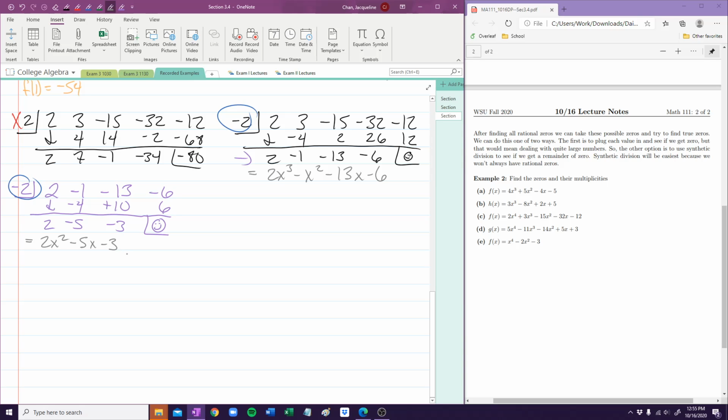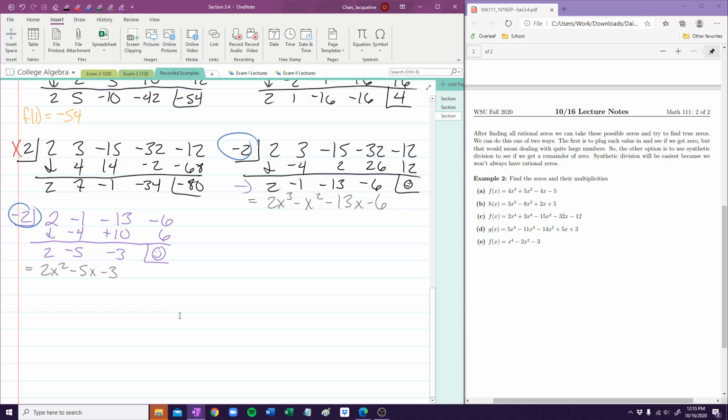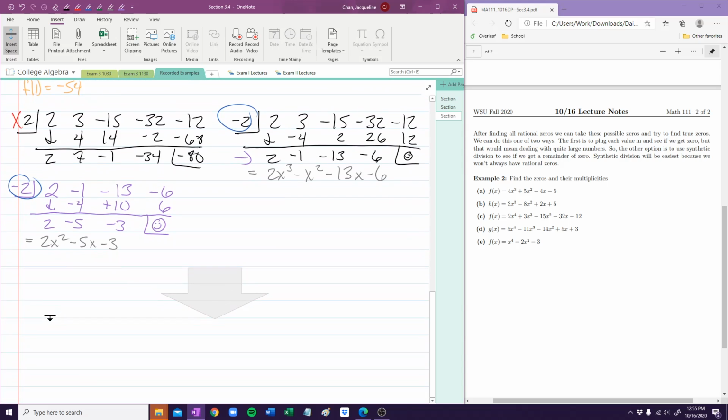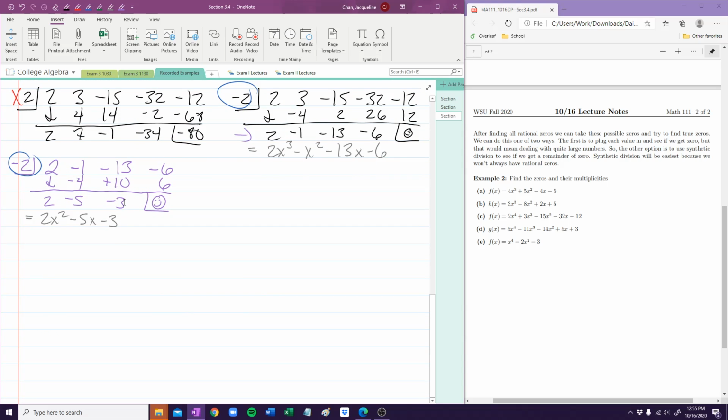So now we can do a couple of things here. We can either continue doing the synthetic division, or because we know how to solve quadratics, we spent a whole chapter, maybe a couple, solving quadratics, we should be pretty comfortable solving these.